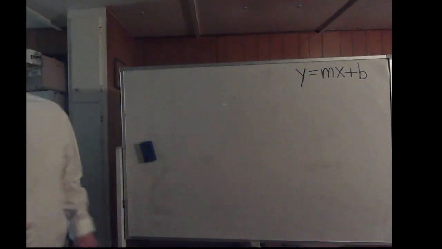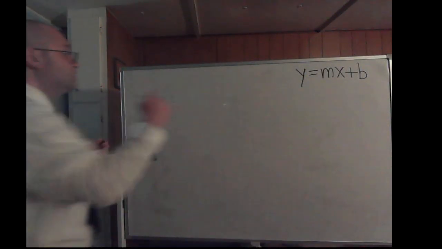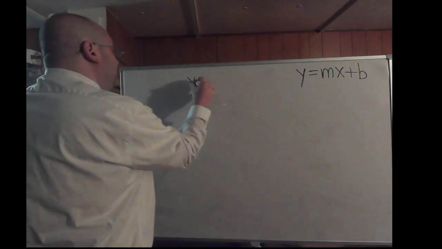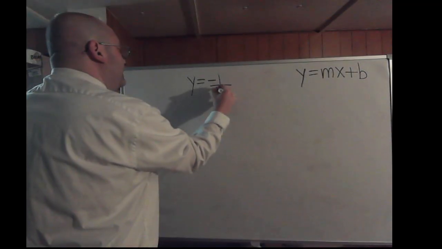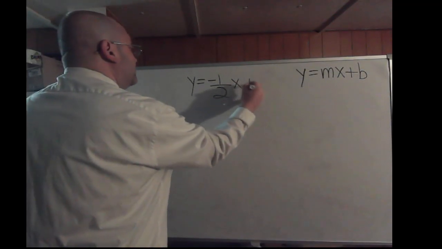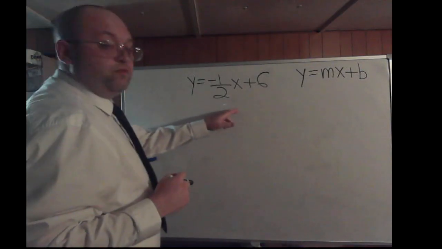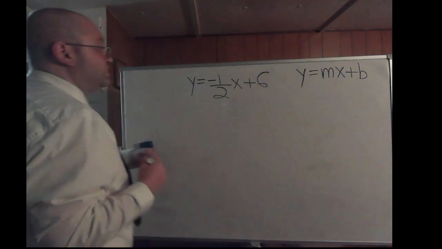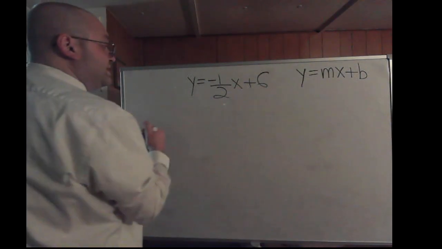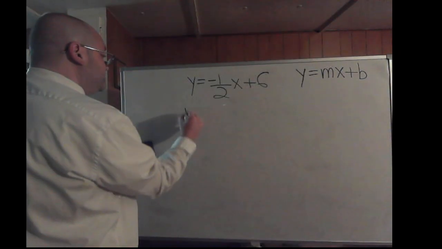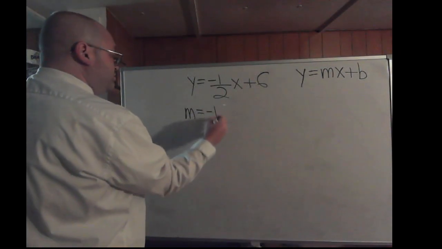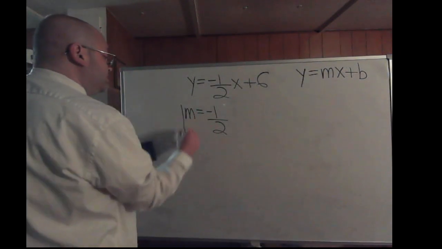All right. Let's see, y equals negative 1/2 x plus 6. So we have y equals negative 1/2 x plus 6. Well, the coefficient on your x term is negative 1/2, so therefore your slope is negative 1/2.